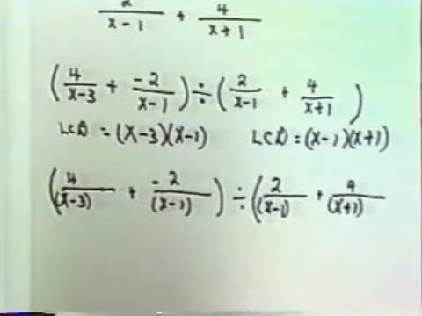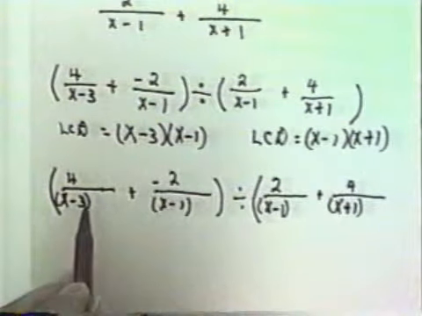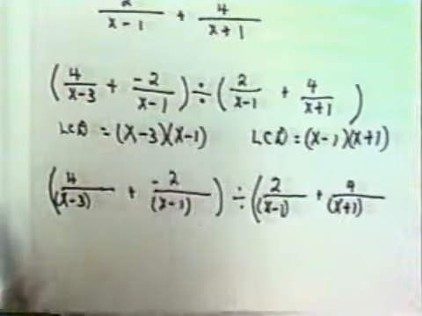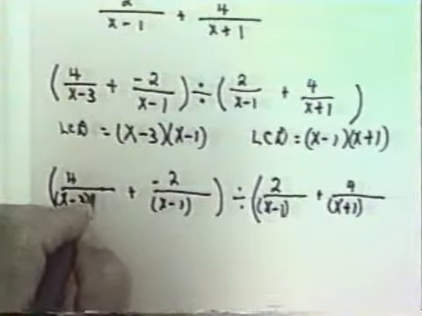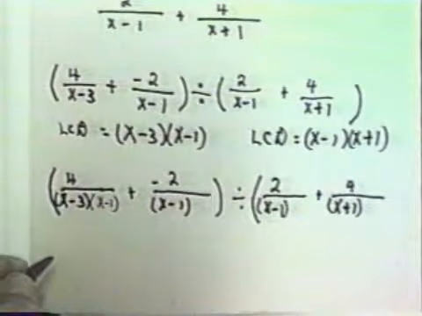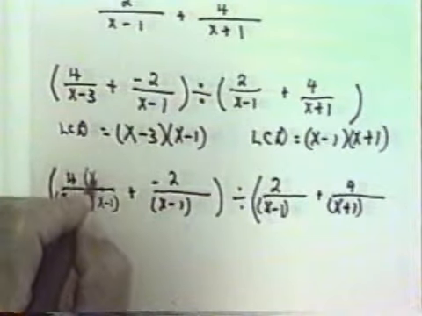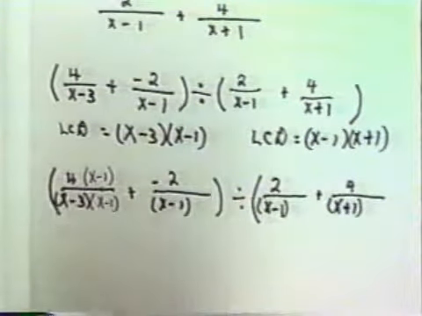Now I need to multiply by whatever it takes to get my least common denominator. Now what do I multiply x minus 3 by to get x minus 3 times x minus 1? Well, the answer is I multiply by x minus 1. If I multiply the denominator by x minus 1, then I multiply the numerator by x minus 1.